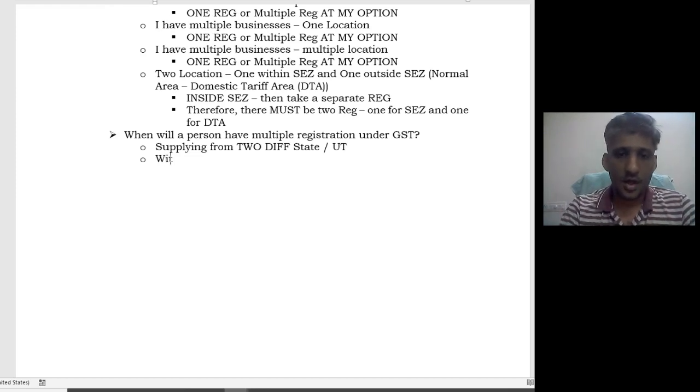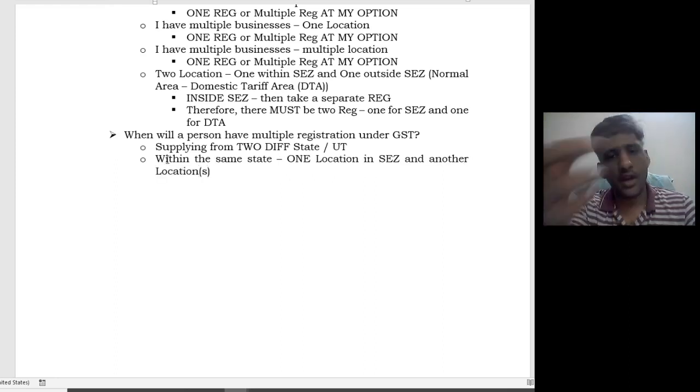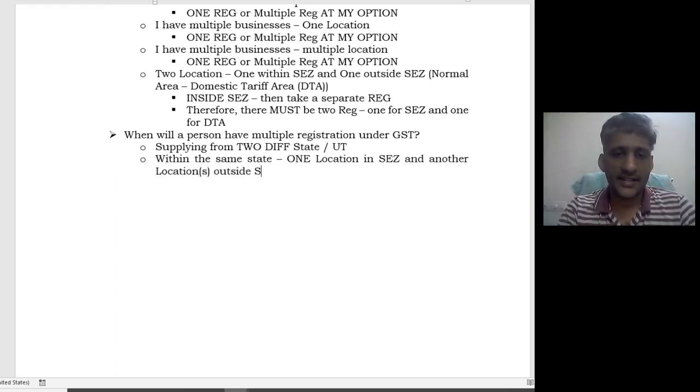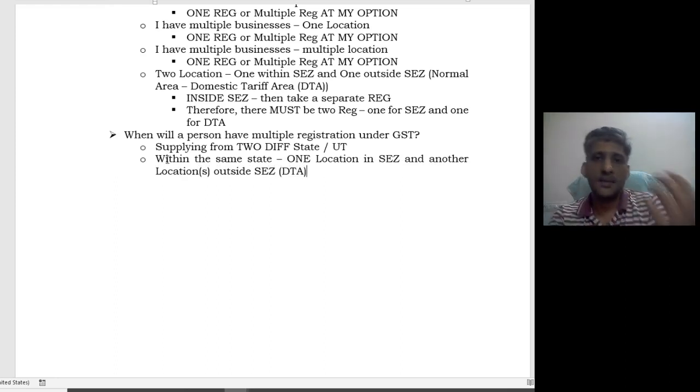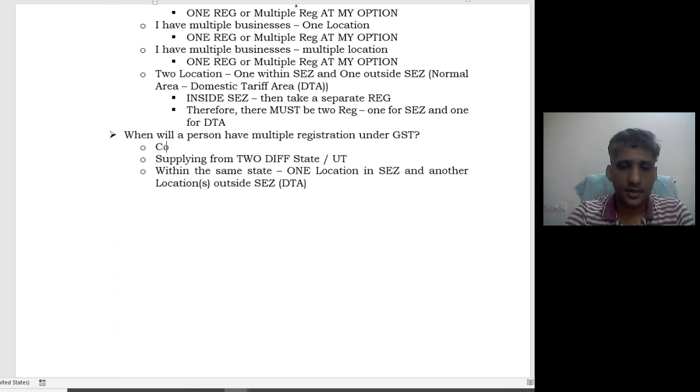Then within the same state, one location in ACZ and another location outside ACZ, in DTA, then again I should compulsorily have 2 different registrations. So these 2 are compulsory registrations.